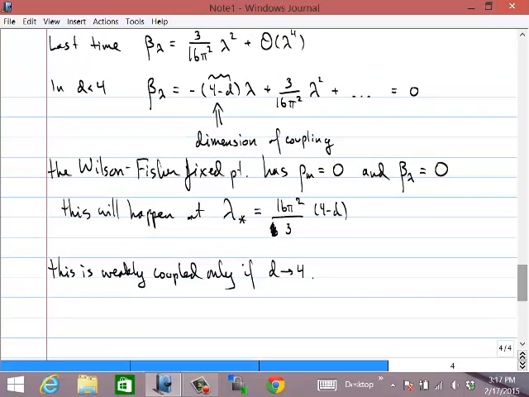I think it's an important lesson that you can easily be misled when you start computing Feynman diagrams to think that quantum field theories are nice and easy to understand. But there's no reason why a physical system that you're interested in should be given by a weakly coupled field theory. As we'll see, the Wilson-Fisher fixed points are incredibly important and describe all sorts of systems, and they're just not weakly coupled field theories.